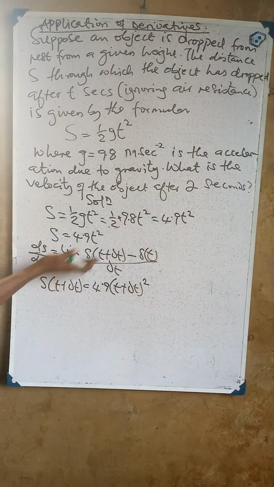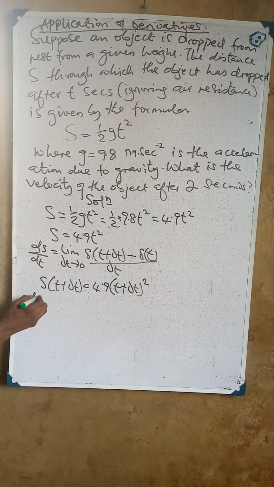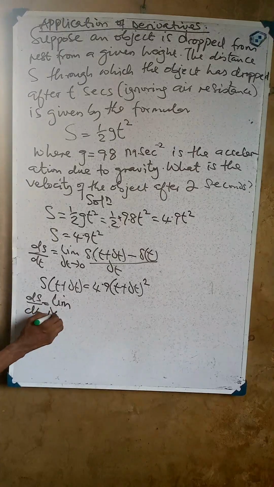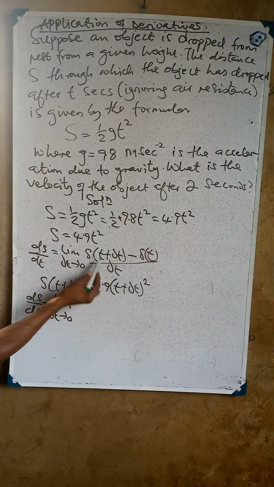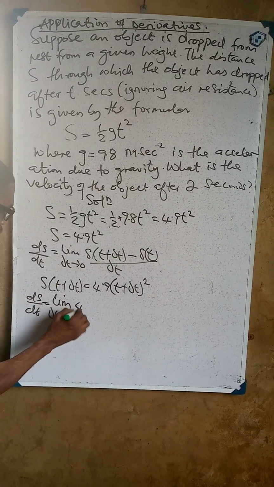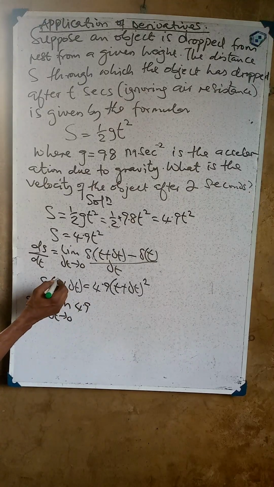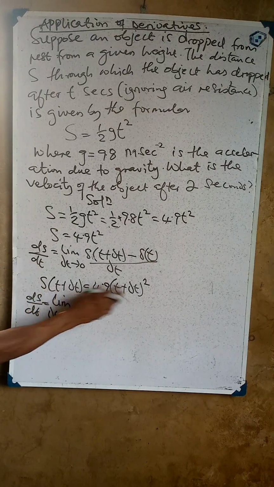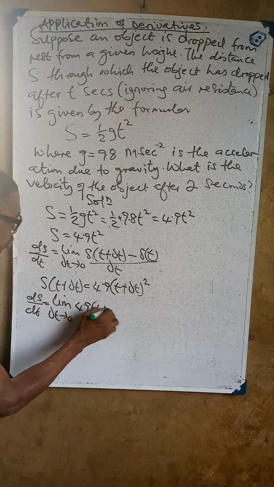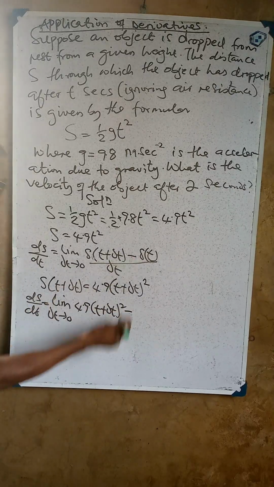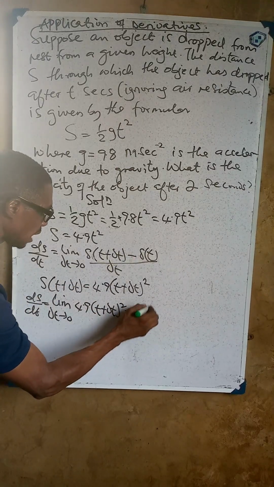All right, slot it in what we have here. s'(t) is equal to, take the limit as Δt tends to 0, 4.9 times (t plus Δt) squared minus 4.9 t squared.